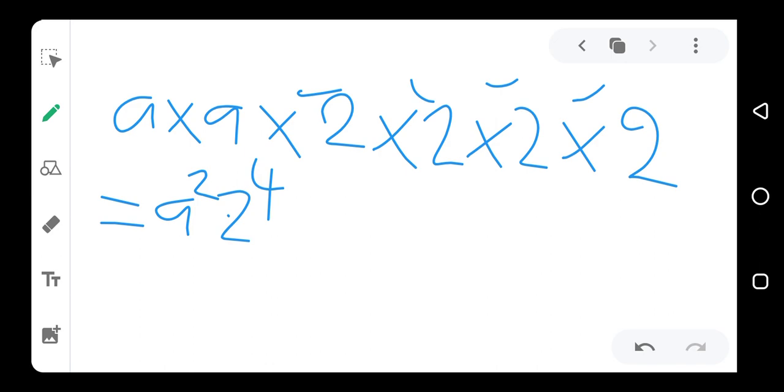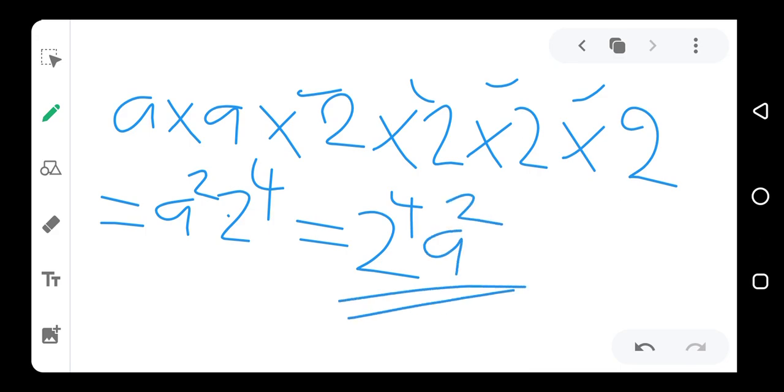So we can still say that this is equal to 2 raised to power 4, then we now write the alphabet a raised to power 2. So we have converted alphabet and number combined in the expanded form to the index form.